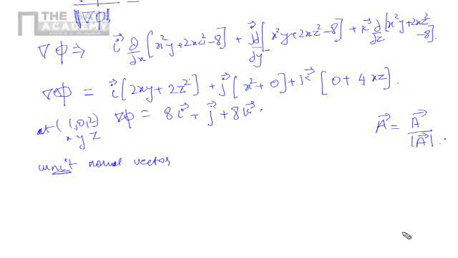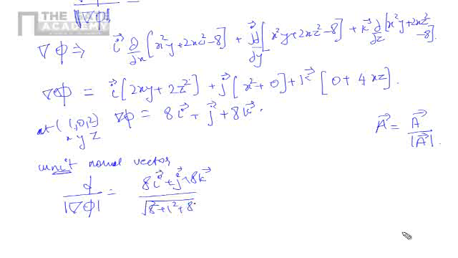Similarly, here we have to find del phi divided by modulus of del phi, that is nothing but 8i plus j plus 8k divided by root of 8 square plus 1 square plus 8 square, that is 8i plus j plus 8k divided by root 129. This is the answer.